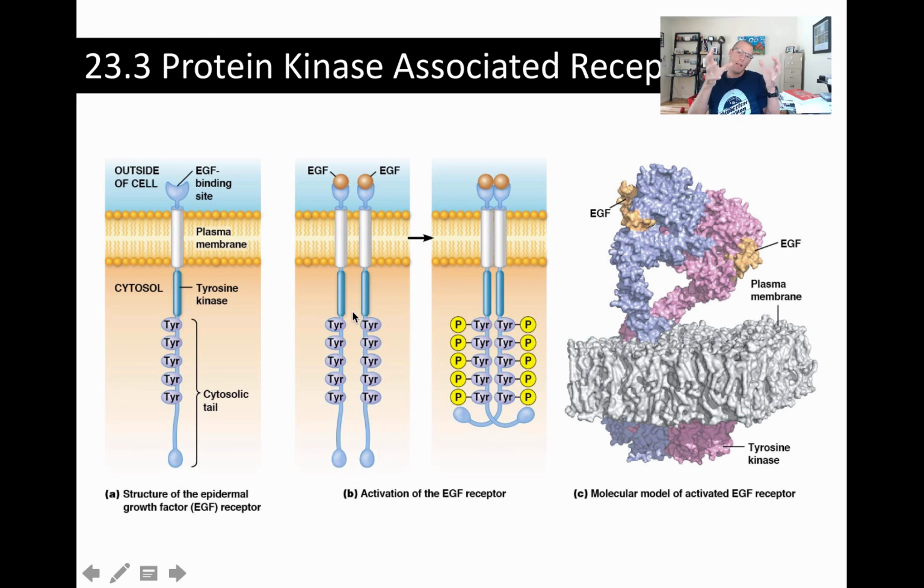So once you get ligand binding, two receptors come together, and then the tyrosine kinase domains phosphorylate one another, and this is called autophosphorylation because these receptors are the same. They're the same protein, so it's this protein phosphorylating this one, and vice versa. And so you end up with all these phosphorylated cytosolic tails, and that's critical for initiating the signal transduction cascade, which will result in the cell response.